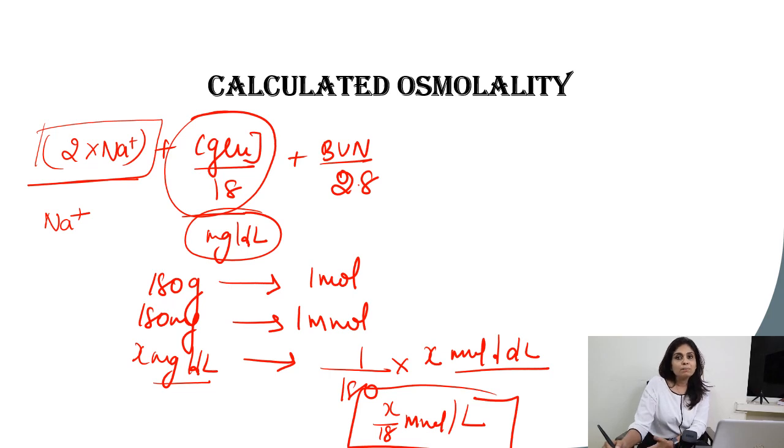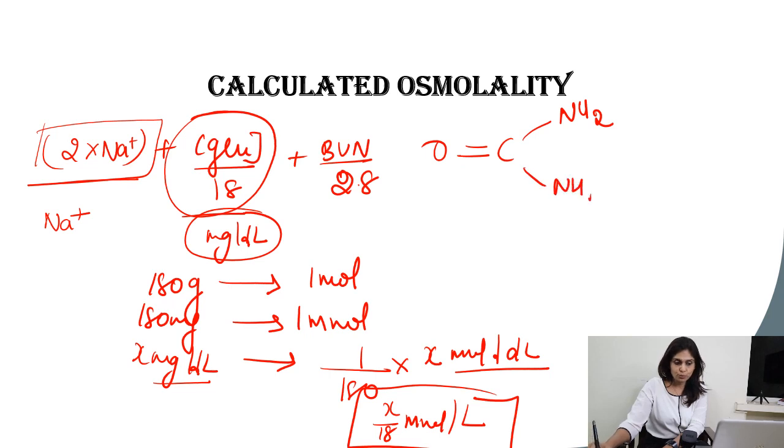Now, why is it blood urea nitrogen by 2.8? It's for the same reason. What do you mean by blood urea nitrogen? It is nitrogen which is present in the form of urea. And what is the formula for urea? Formula for urea is C double bond O in the center, that is attached to 2 NH2.